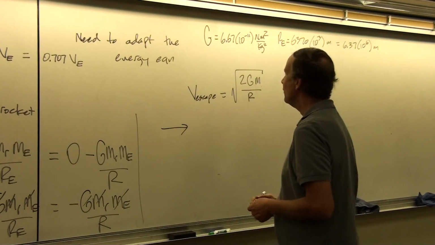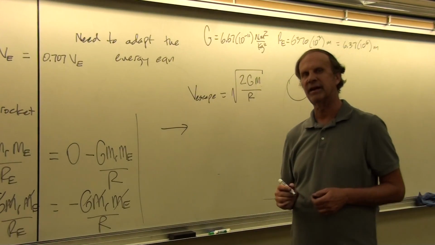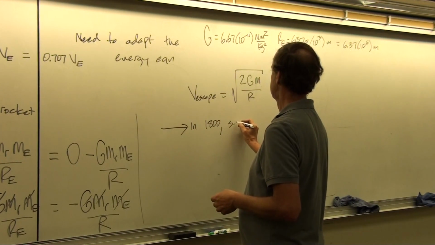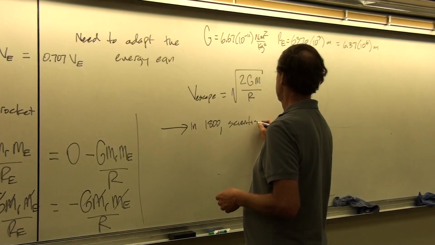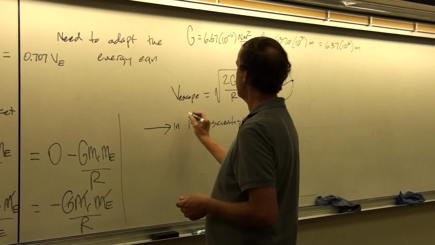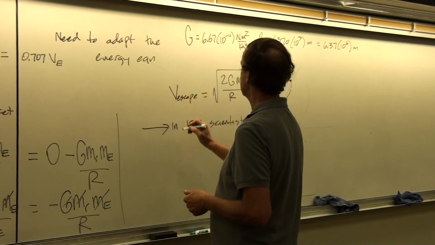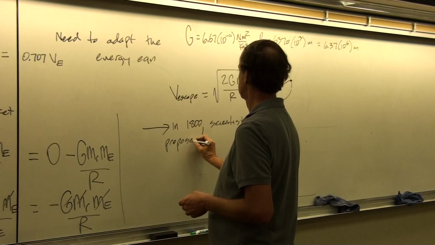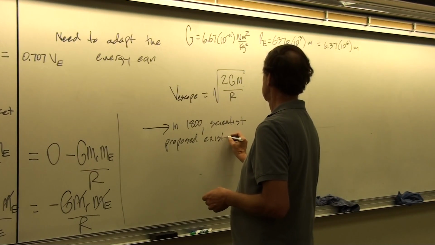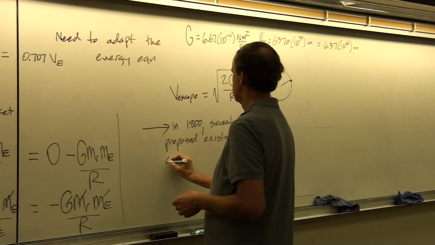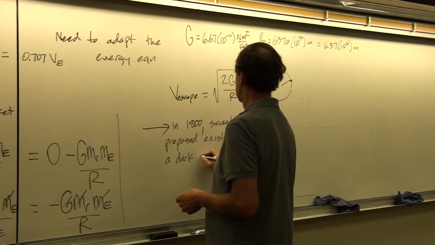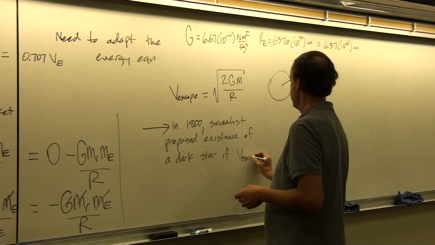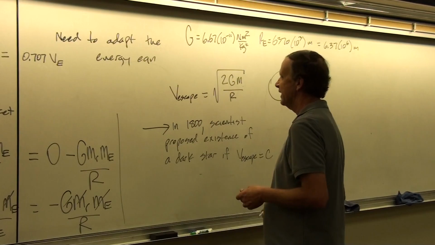And so what did this guy do with this? Well, he said, what if we set V escape equal to the speed of light? So this scientist then proposed the existence of a dark star, if V escape was equal to the speed of light.